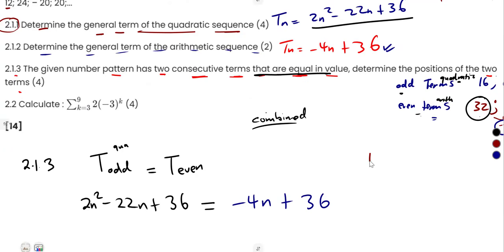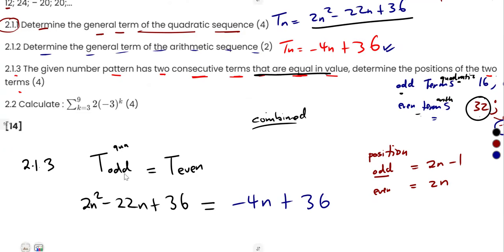Always, when they ask you for this type of question, guys, when they ask you for the position where the term is, you determine the n, then for the position, for all the odd terms, the position is always given as 2n minus 1. If they are even, if you find out all those even terms, 2, 4, 6, their position is always 2n.